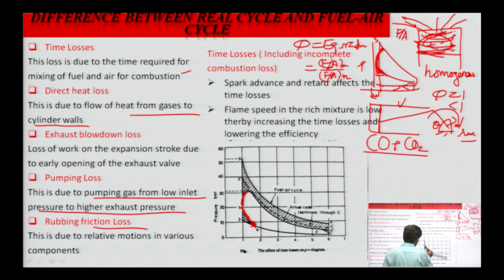So, this much amount of loss occurs; this is the time loss. I have already told you that flame speed depends upon the type of mixture, the equivalence ratio. For a rich mixture it is low, thereby increasing the time losses and lowering the efficiency.